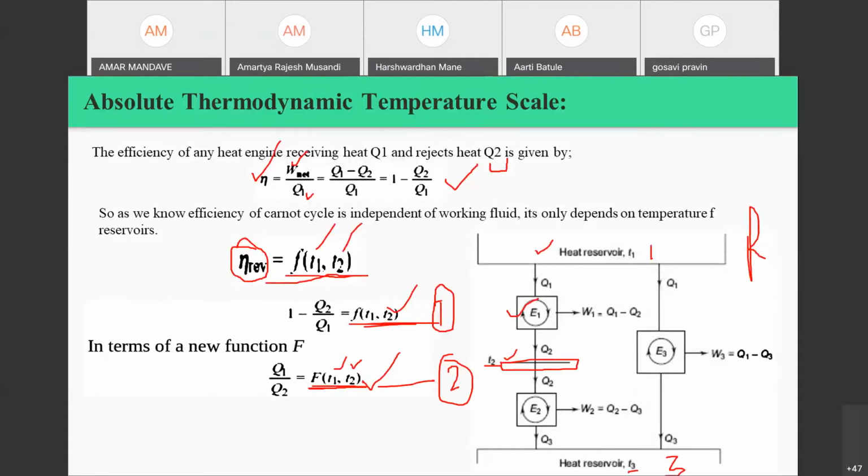Similarly, for the first engine, we write this Q1 upon Q2, meaning the heat input and the heat rejected, that ratio is a function of the temperature T1 and the temperature T2. Similar to that, we can write for engine E2 and engine E3.